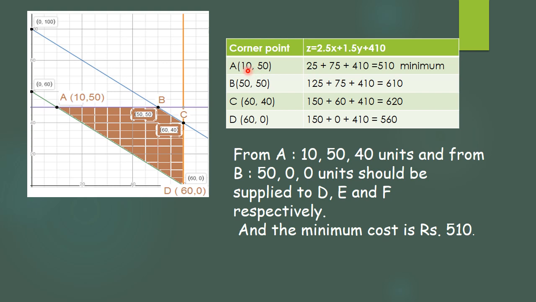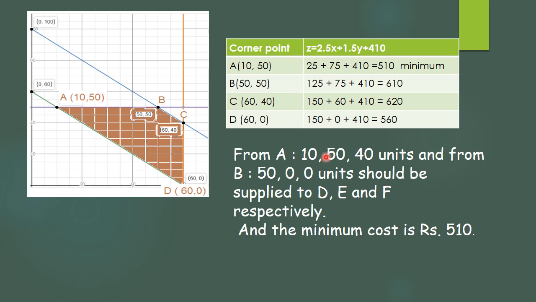What does x indicate? That is he is supplying from the shop A to the D 10 units, or then it is 50, and the capacity of the A, that was having 100, so he has supplied this 60, so what is the remaining is 40. So A should supply 10, 50 and 40 units from B. What is the requirement?